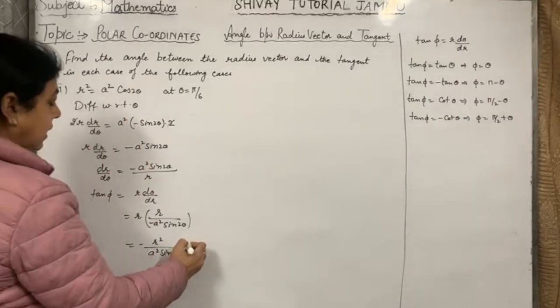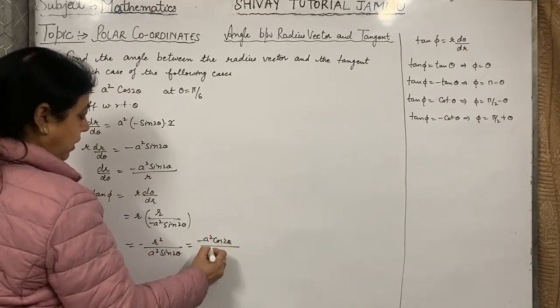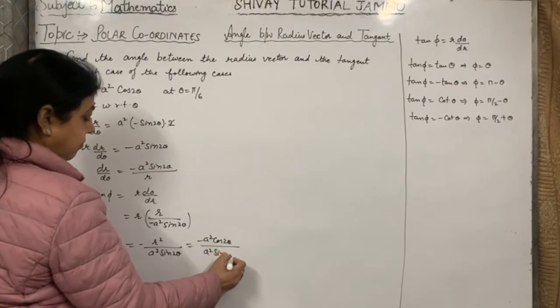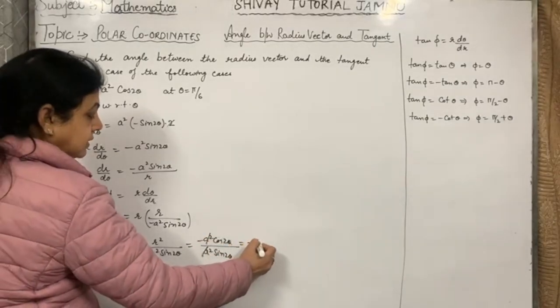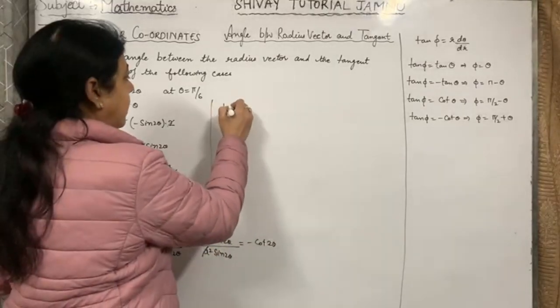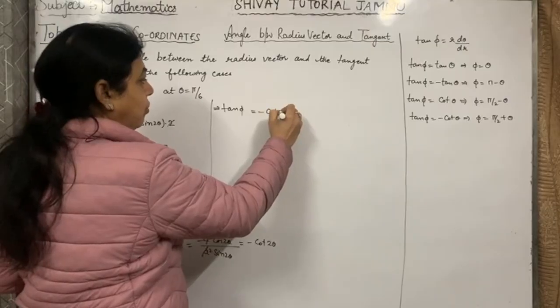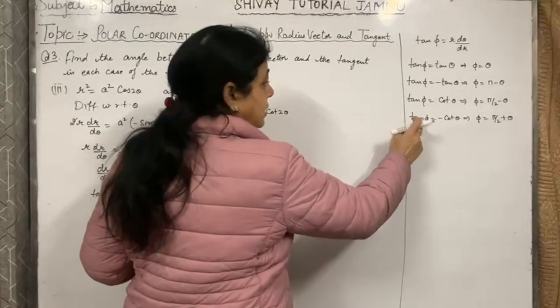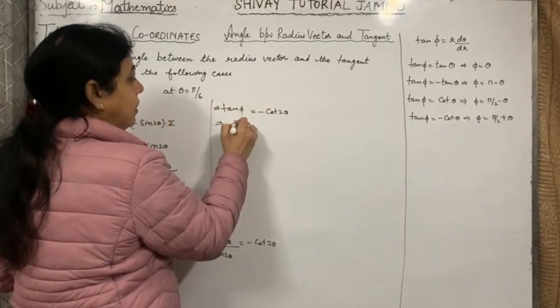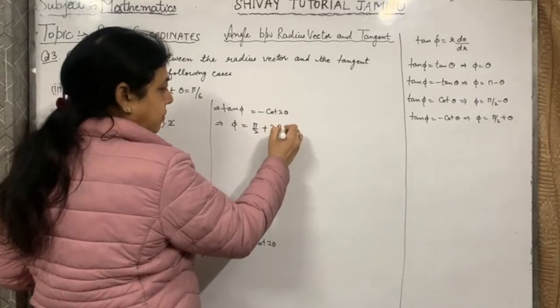R square is a square cos 2 theta, upon a square sin 2 theta. A square cancels. This is minus cot 2 theta. So we get tan phi as minus cot 2 theta. Last formula: then phi will be pi by 2 plus the angle, that is 2 theta.